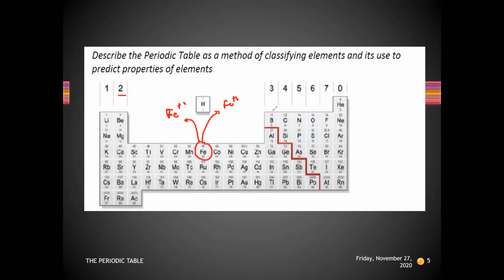If it loses 3 electrons, it should be in group 3. So there is no specific number of electrons these elements can lose. That's why they are not placed in a particular group. They are placed between group 2 and group 3. This region is known as the transition element region, and these elements are known as transition metals. Is it clear?